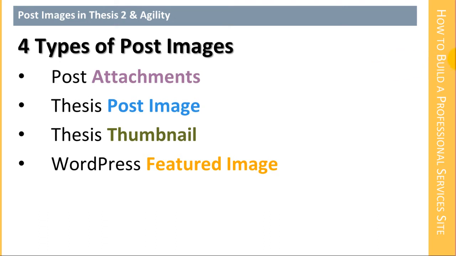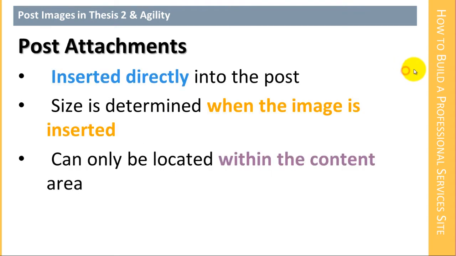Now, there are four types of post images that you have to work with inside of WordPress and Thesis2. You have post attachments, the thesis post image, the thesis thumbnail, and the WordPress featured image.